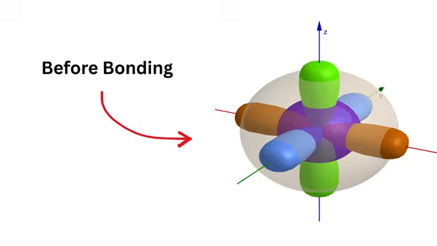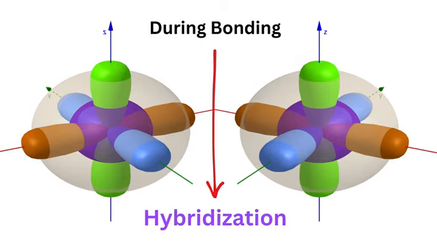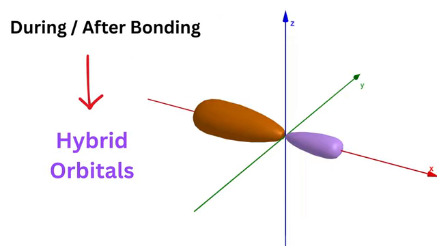Before bonding, each atom has orbitals s and p with fixed shapes and energies. But when another atom comes close and bonding is about to happen, the atom's electrons feel the presence of this approaching partner. At that moment, the energies of its s and p orbitals adjust, and it becomes more favorable, energy-wise, for the atom to mix these orbitals into new ones that can point exactly toward the incoming atom.